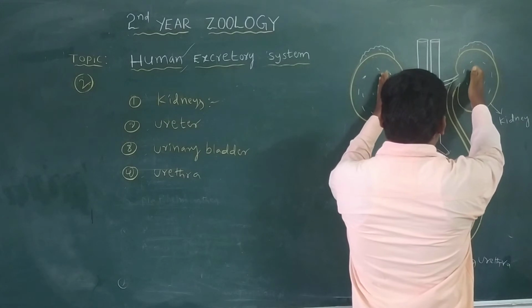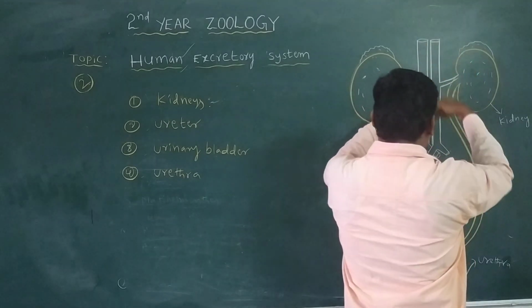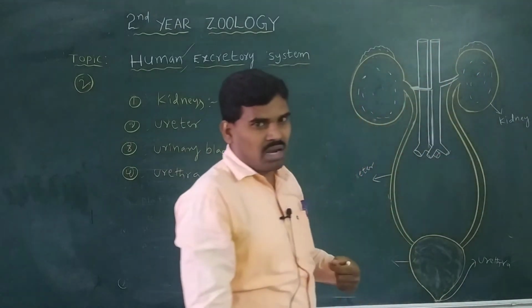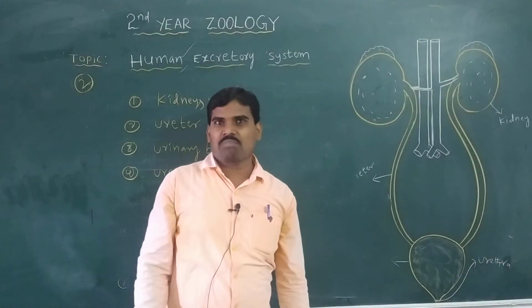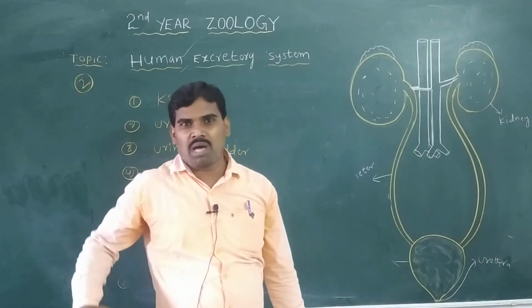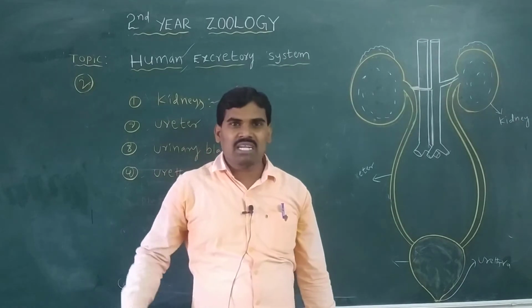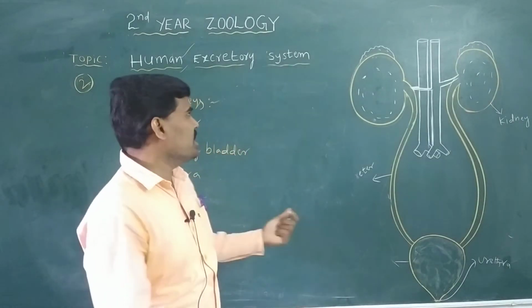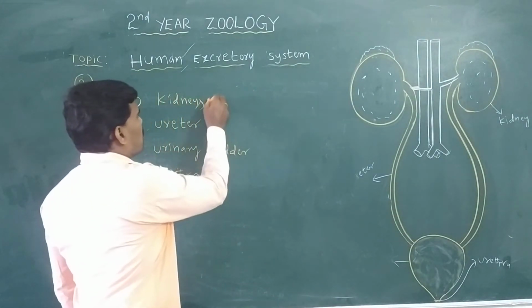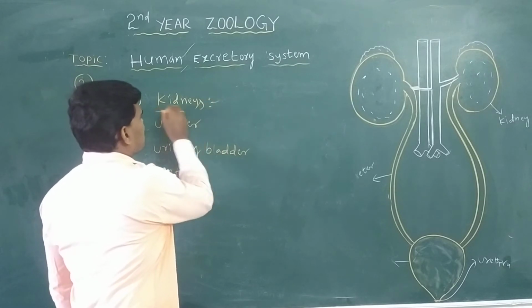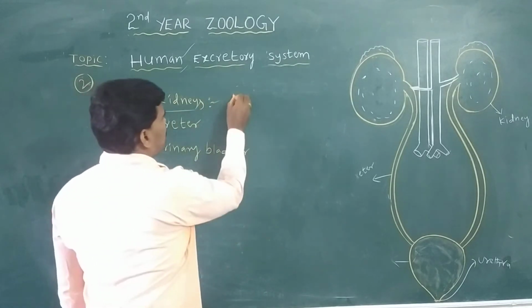One pair of kidneys, each one on either side of the vertebral column. Abdominal part or thoracic part? Abdominal part, at the back side, one pair of kidneys is present in human beings. Which shape are the kidneys? Bean shape.